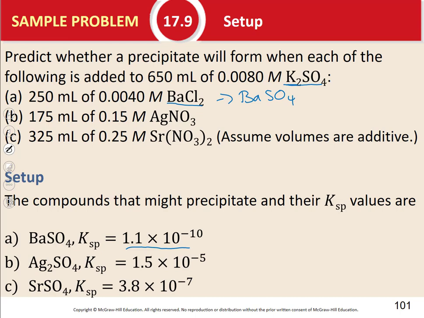So to find Q, I need to find out what is the concentration of the barium ion and the sulfate ion. So the concentration of the barium ion is going to come from my 250 milliliters of 0.004 molar barium chloride. All right.